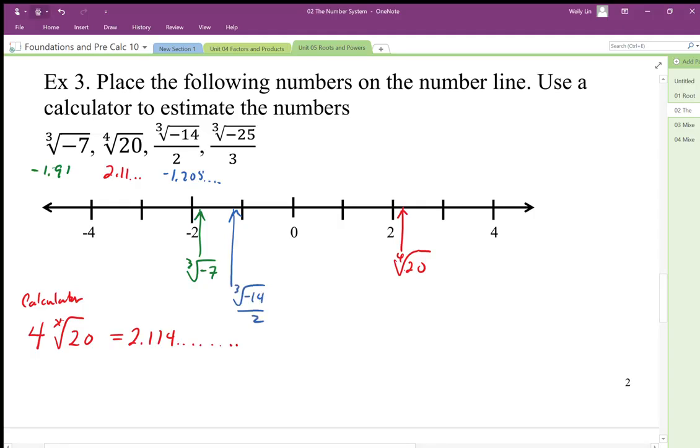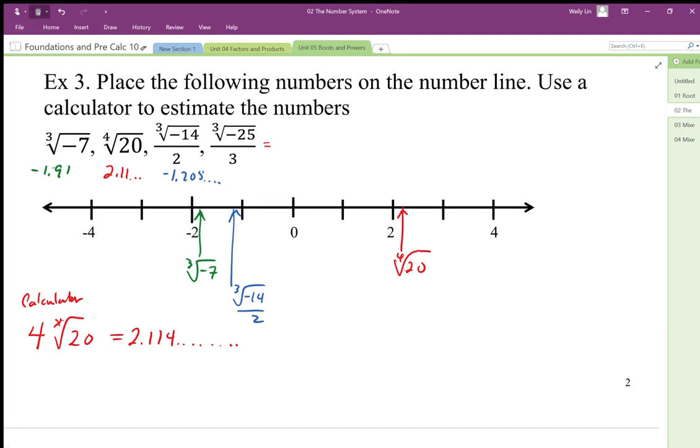And lastly, I'll do this one in orange, negative cube root of 25 divided by 3. We end up with negative 0.9. Oh, this looks like it's the same color.